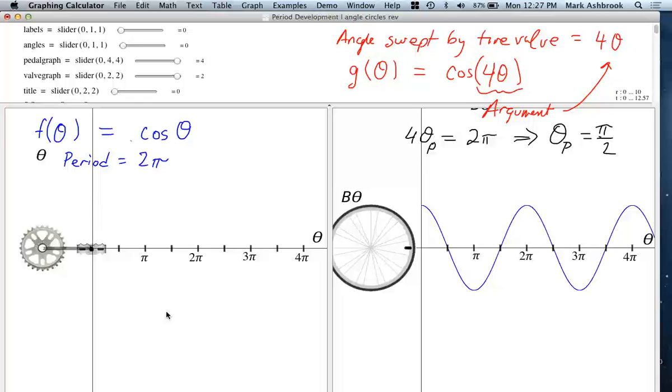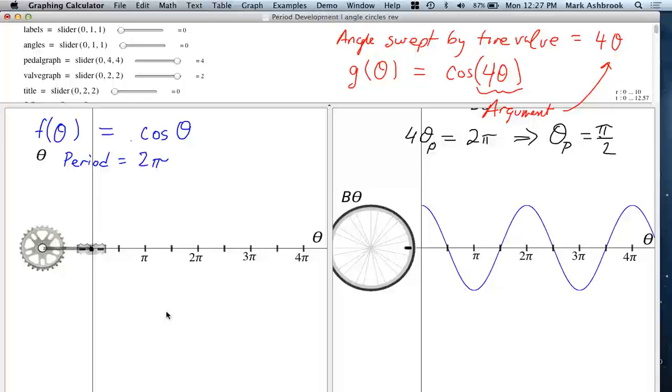Okay, compare it with the person next to you. See if you agree. Compare with what you're doing here. So what I did, that's the f function.